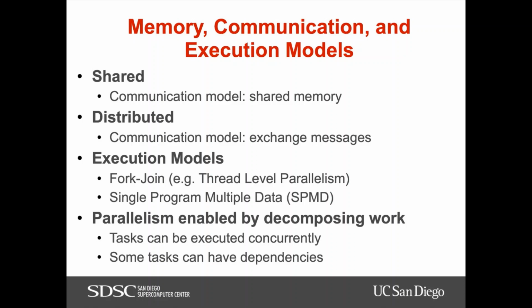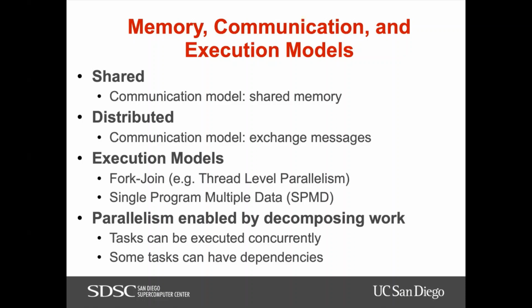Now there are different execution models involved. There's the shared memory model, where basically all the communication is done via shared memory. So you're not really moving data, you're basically reading the data off a shared memory segment. If you're on a single node, this approach will work.